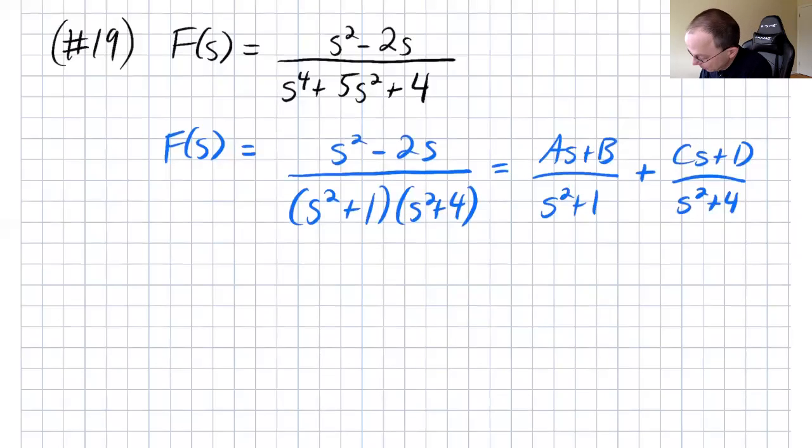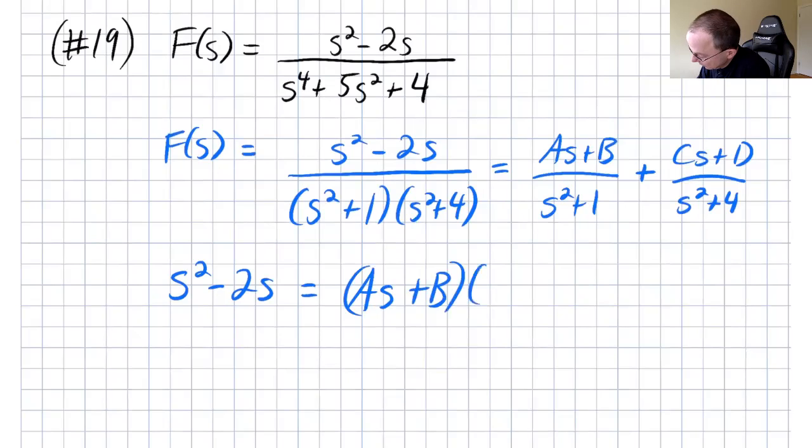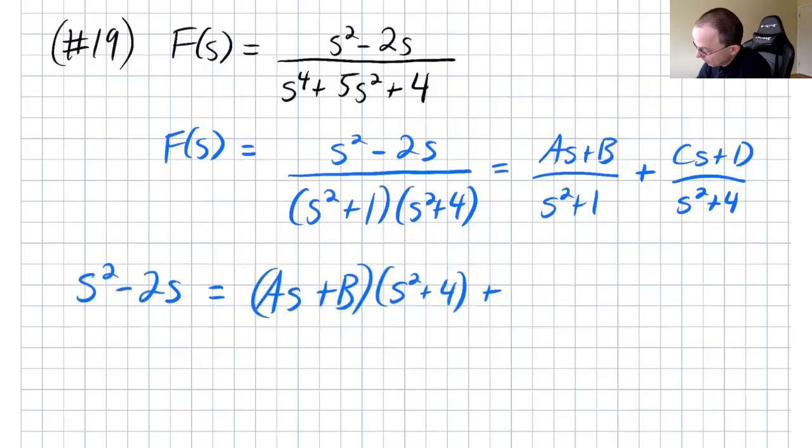And then we multiply both sides by the denominator. S squared minus 2s is equal to as plus b times s squared plus 4 plus cs plus d times s squared plus 1.